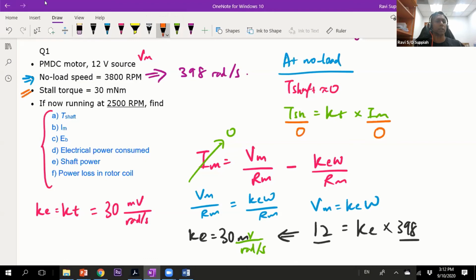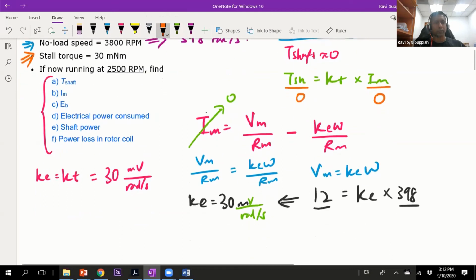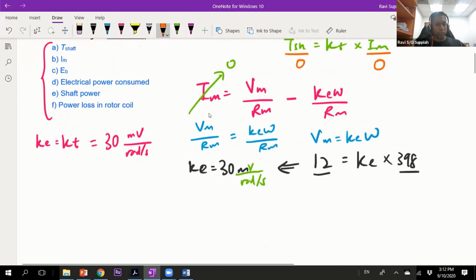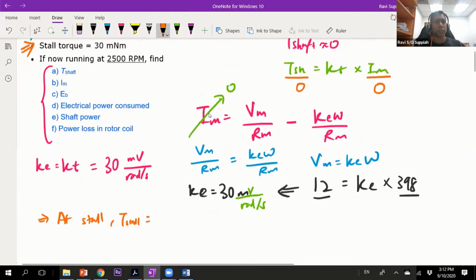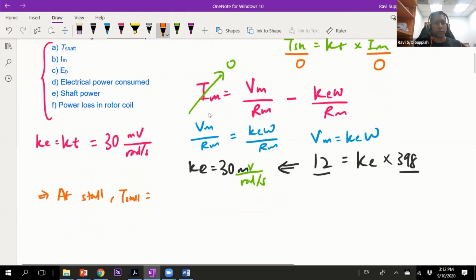The next piece of information we have is the stall torque. So what is a stall torque? Now the next information is at stall. When I'm stall, my torque is given as 30 millinewton meter here. And what is the formula that we have?